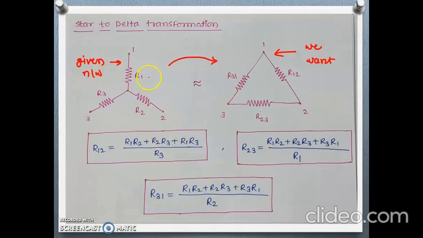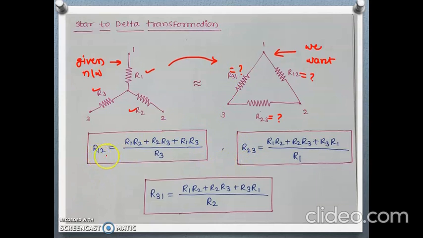We already know these values R1, R2 and R3 as the circuit is given, and we want to calculate these R12, R23 and R31 values when the given star is converted to its equivalent delta network. We are going to do that with these expressions.